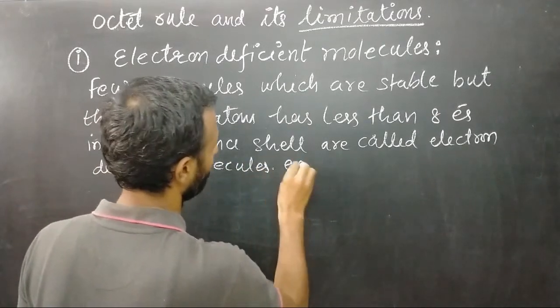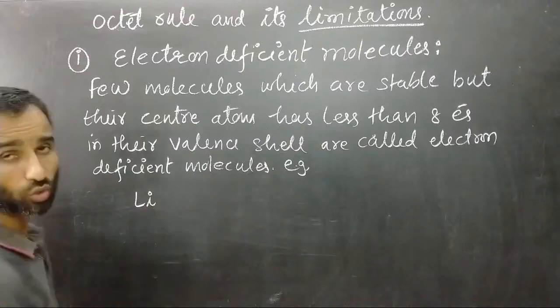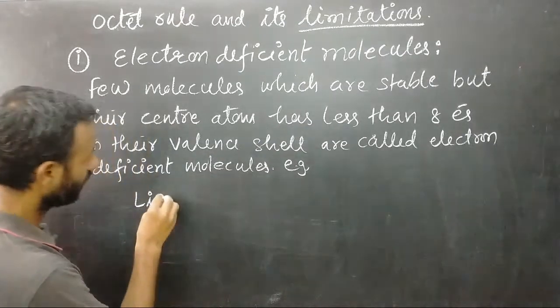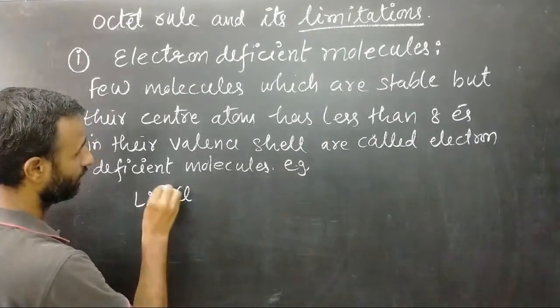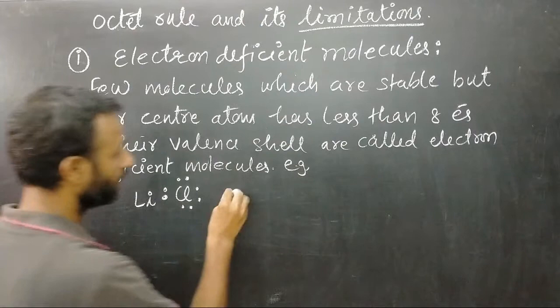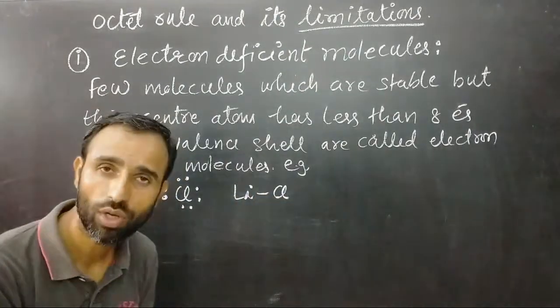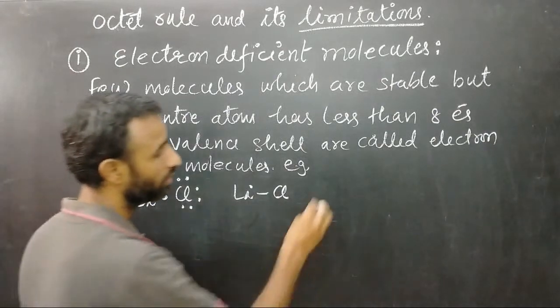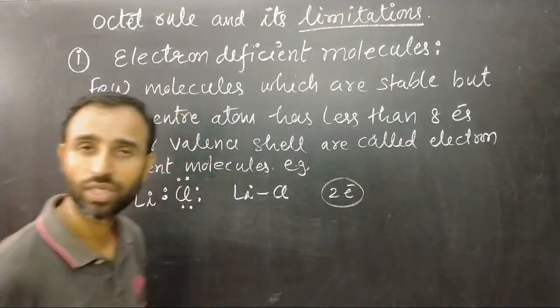For example, lithium chloride. You know, lithium has one valence electron and chlorine needs one more electron to complete its octet. So lithium chloride is a stable molecule, but lithium has only 2 electrons in its valence shell.